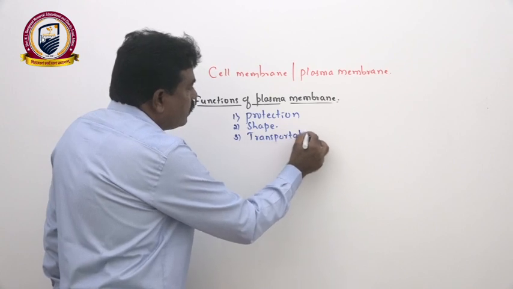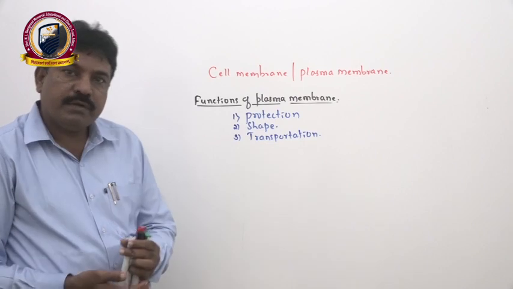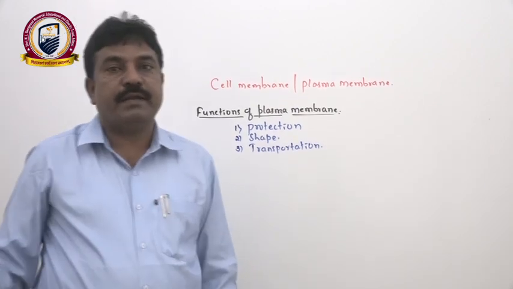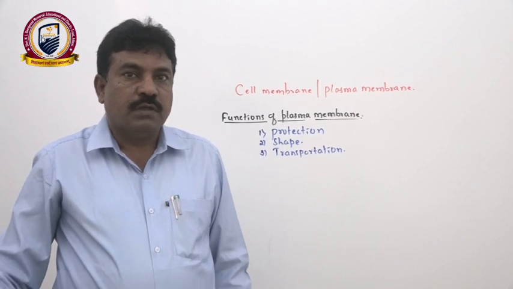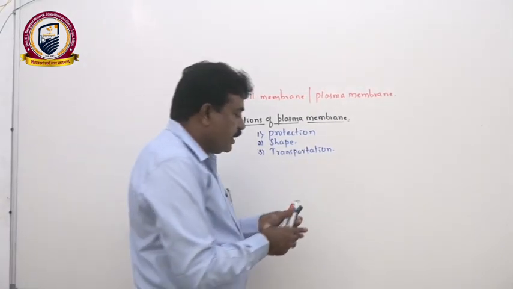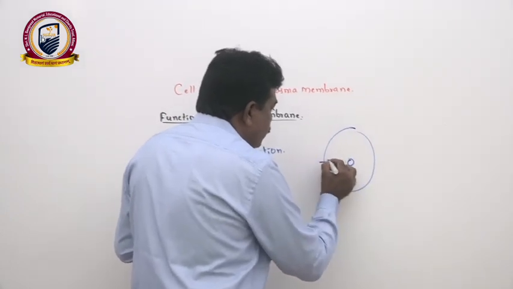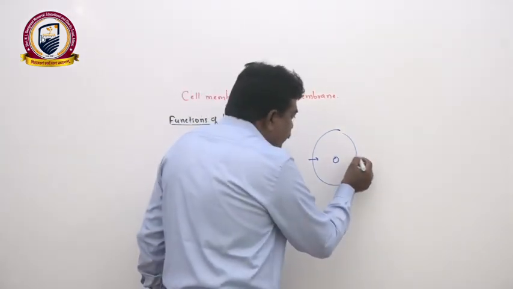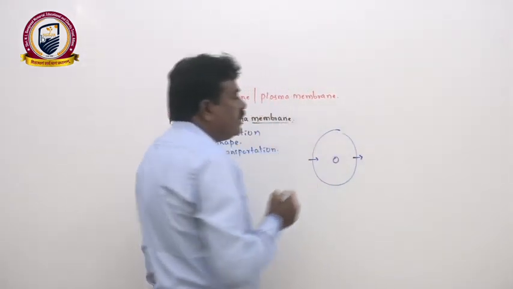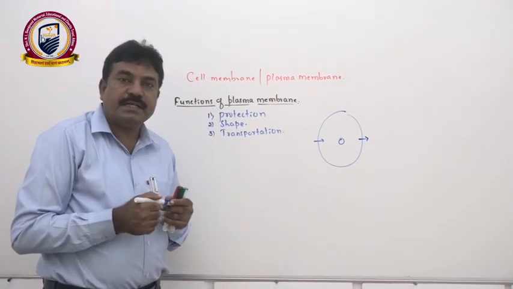I think there is an important topic we have in first year itself, transport in plants. Whatever the mechanism explained there, where any material has to enter into the cell, it has to cross the plasma membrane. Or if any material has to be given out from the cell, it has to cross what? The cell membrane or plasma membrane.